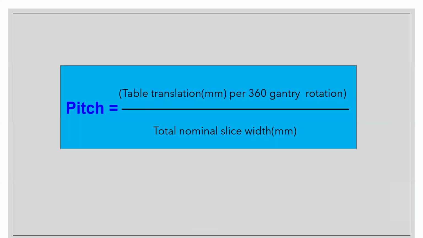This is the formula to calculate the pitch: table translation in millimeters per 360-degree gantry rotation divided by the nominal slice width. There are two types of pitch, beam pitch and detector pitch.